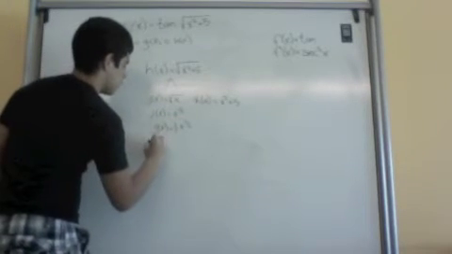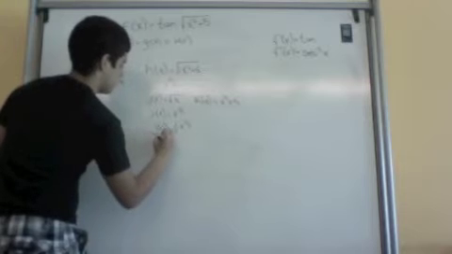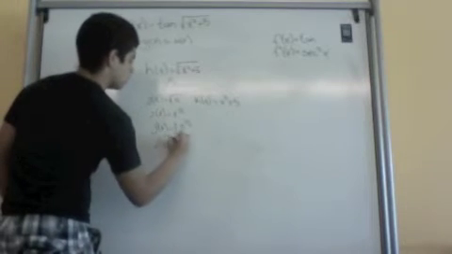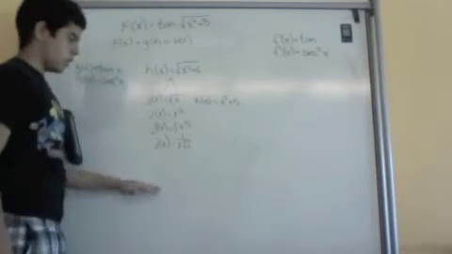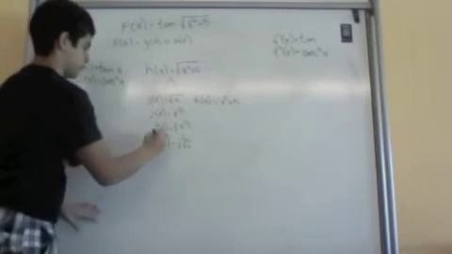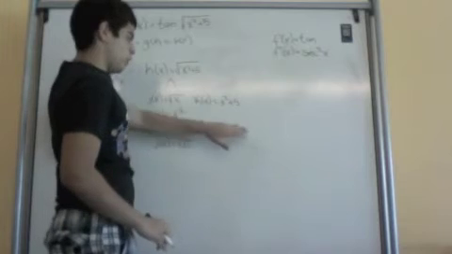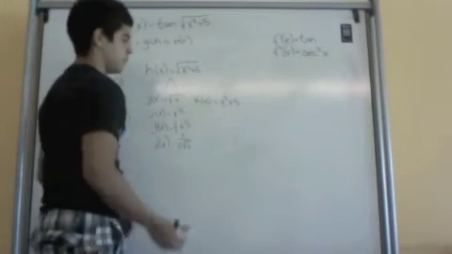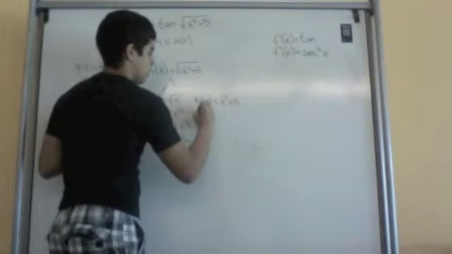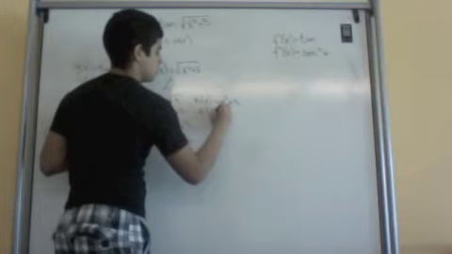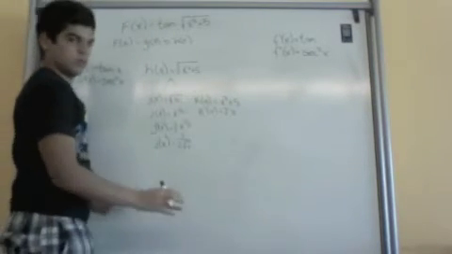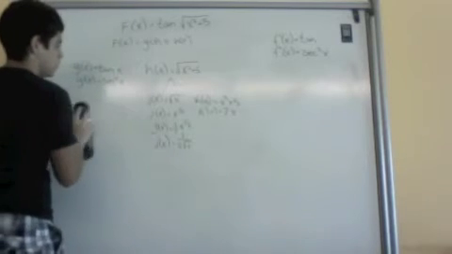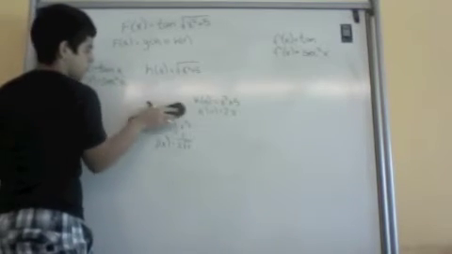And this is the same thing as j prime of x is equal to 1 over 2 square root of x. So we have the derivative of j of x. So now we derive k of x. So k prime of x is equal to 2x. So we have that. Okay, now we have these two derivatives.